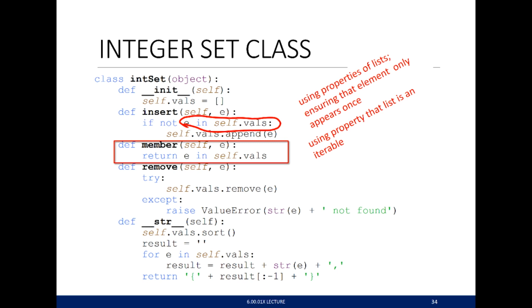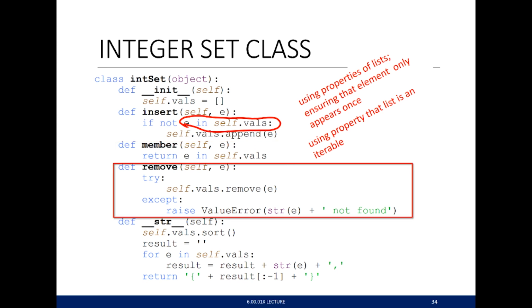What else did I need? I need to be able to remove an element from a set. And here I'm going to use that nice property of exceptions. I'm going to try to simply remove directly something from a list. I'm using the property of lists here because vals is a list, remove is a method associated with lists, and it's going to try and remove the first instance, should be the only instance, the first instance of that variable E from that list.